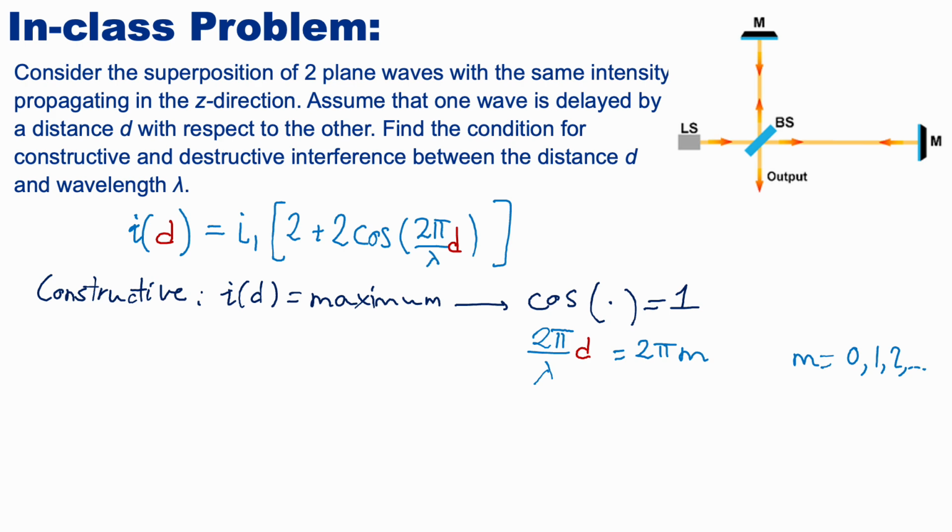That means that the 2 pi cancels with the other 2 pi, so our d value needs to be a multiple of lambda. So the delay between the two needs to be multiples of lambda, and for that particular case, our maximum intensity is going to be 4 times the intensity of an individual wave.